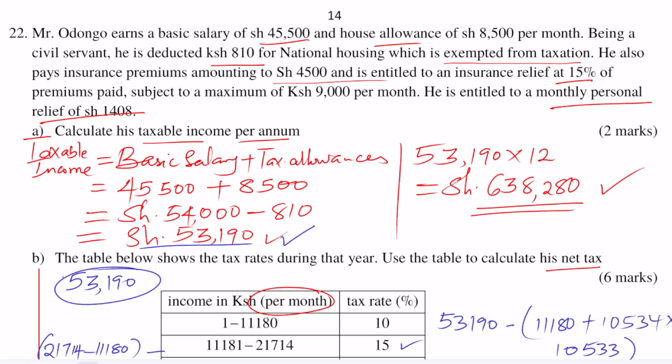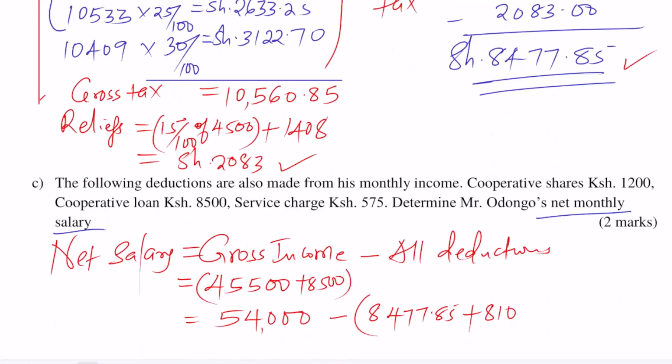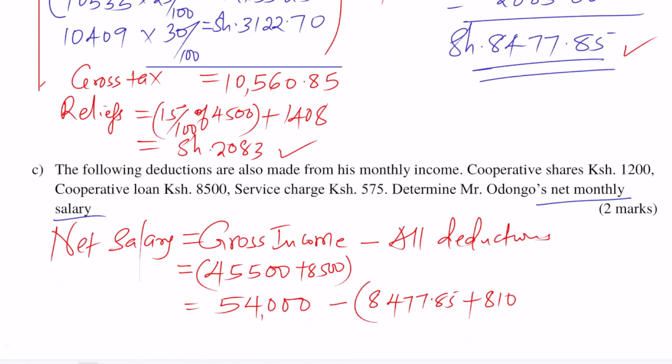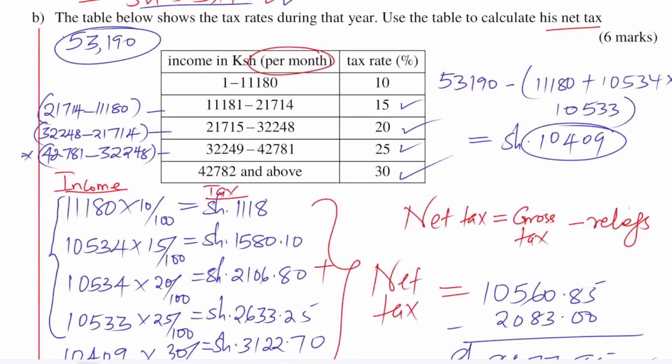Being a civil servant, he is deducted 810 for national housing. It is part of the deductions. And then the other deduction is 4,500 for the premiums, since he pays insurance premiums amounting to 4,500.